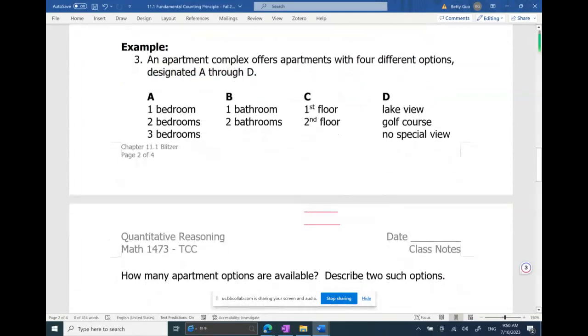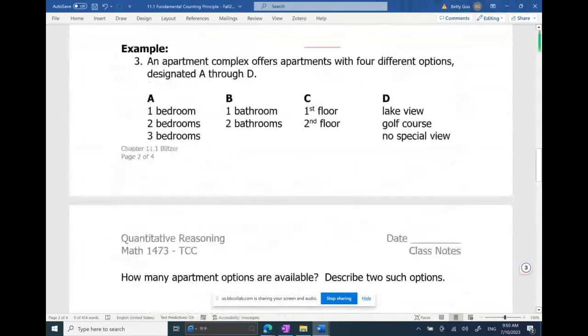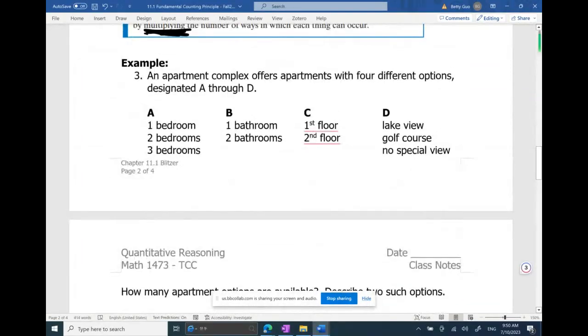Let's look at this example. Example 3. An apartment complex offers apartments with 4 different options, designated A through D. Option A is about bedrooms, how many bedrooms the apartment has. 1 bed, 2 beds, 3 beds.